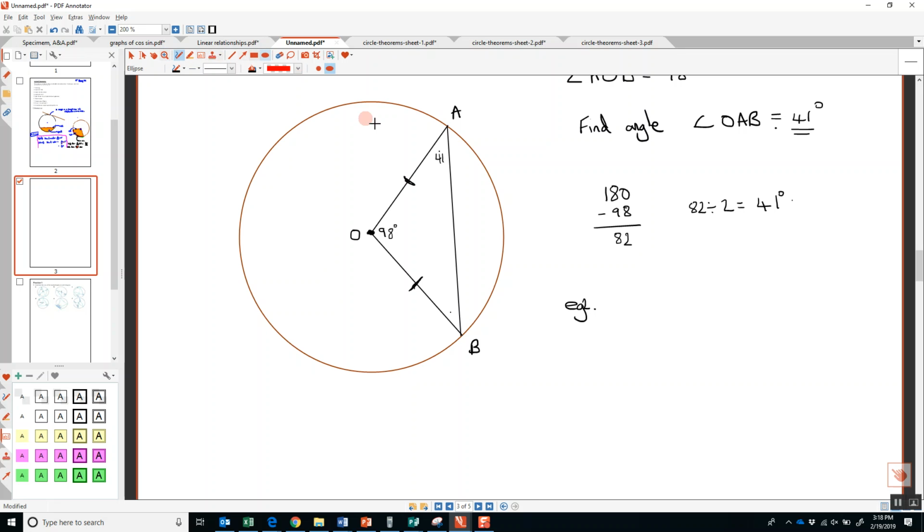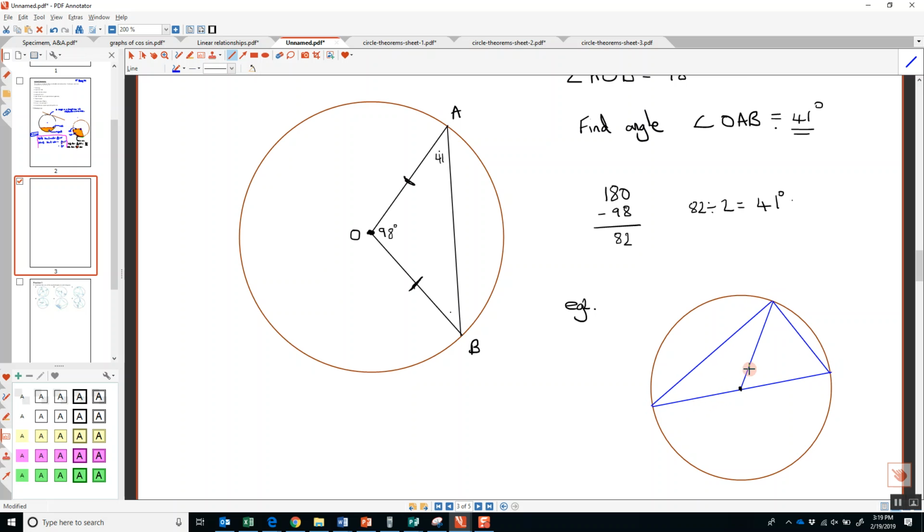I'll try and make the circle a bit smaller. We'll label it.